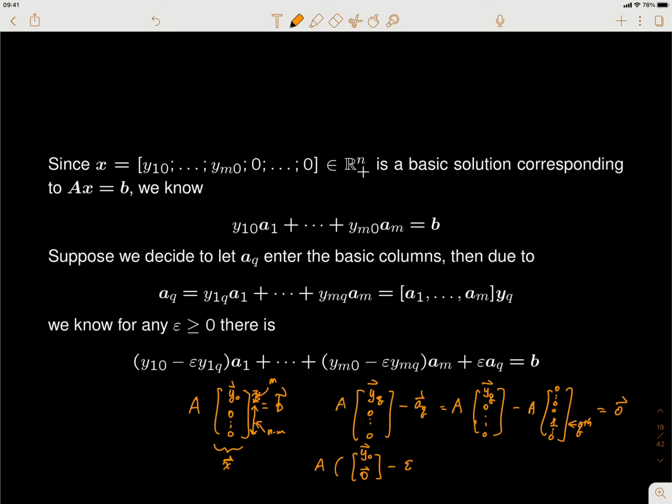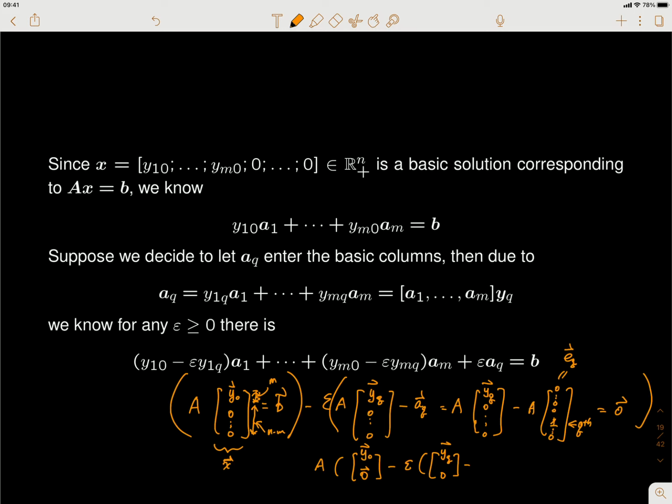As we said, if I subtract this by epsilon times this, then on the left hand side I will have A times this vector minus epsilon times the difference of these two vectors, yq and 0, and this vector I'm going to denote by eq. eq is just the n-dimensional vector with the qth component as 1 and the other components as 0.